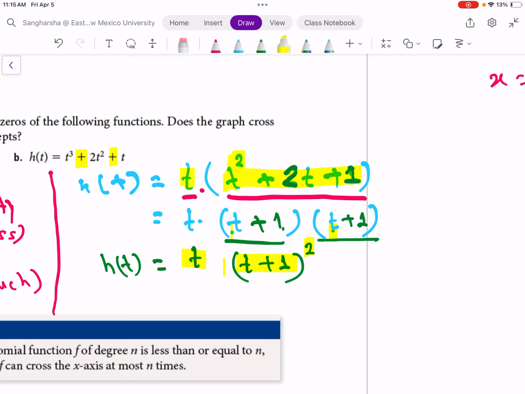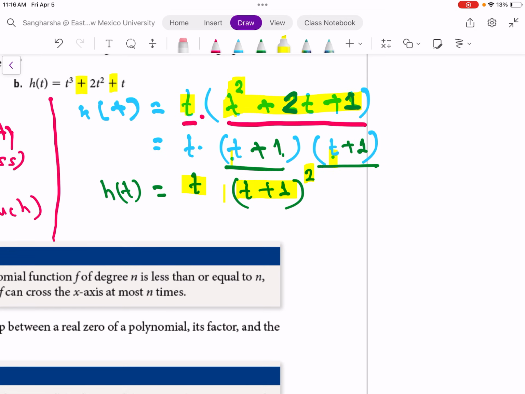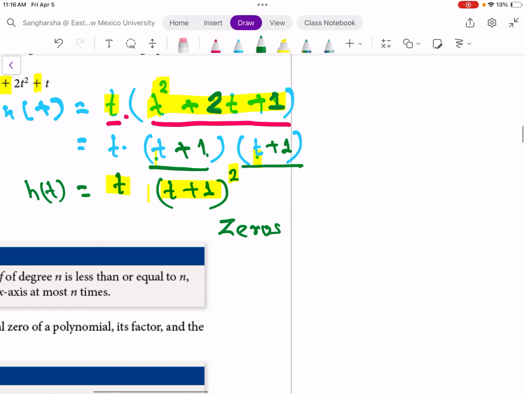Okay. Now let's find the multiplicity here. So we're going to need zeros for this function, okay, and we can write multiplicity. Now, zeros means for what t our function is 0.